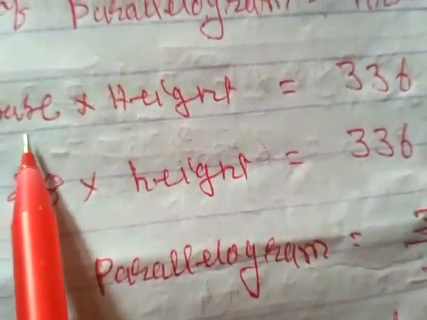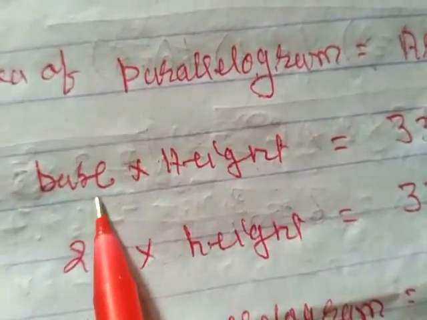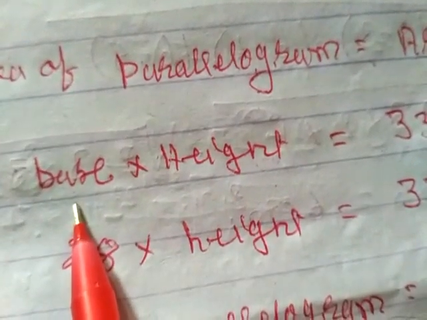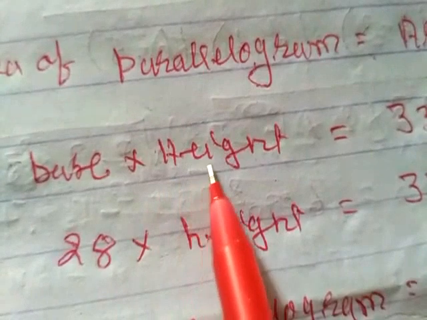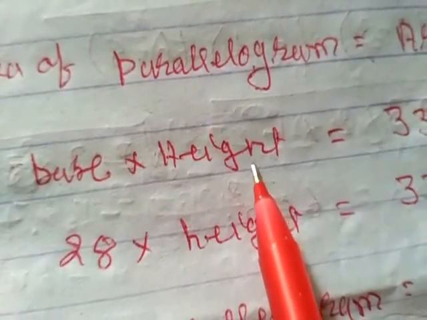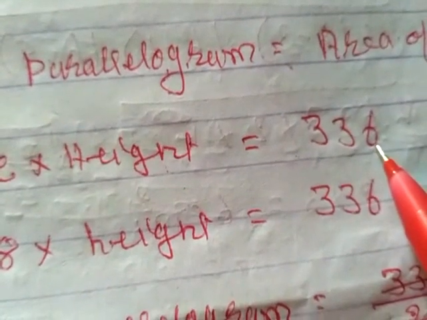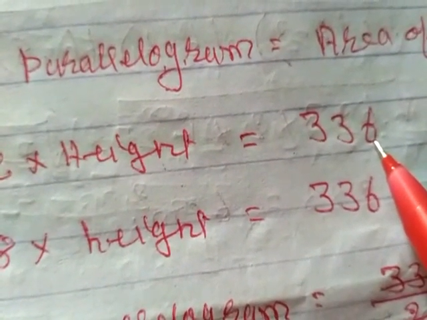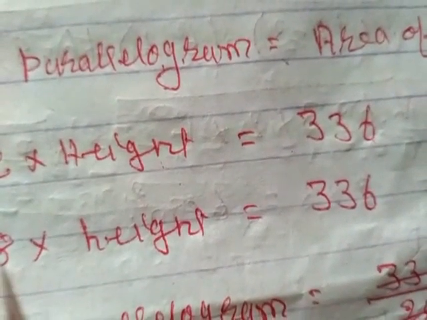So applying the formula, the area of a parallelogram is always equal to base into corresponding height, which is equal to 336 centimeter square, the area of the triangle.